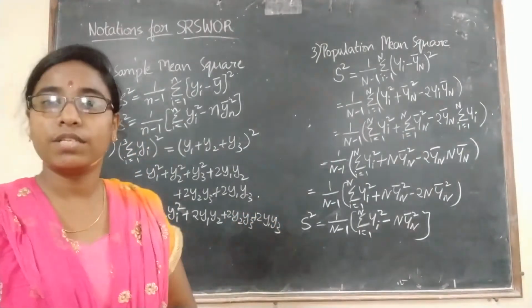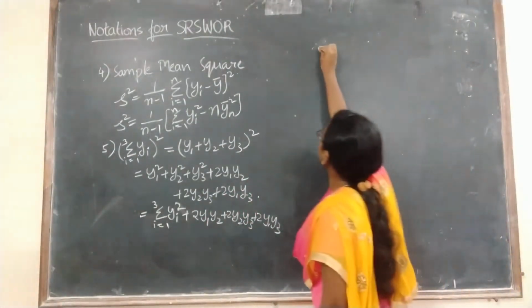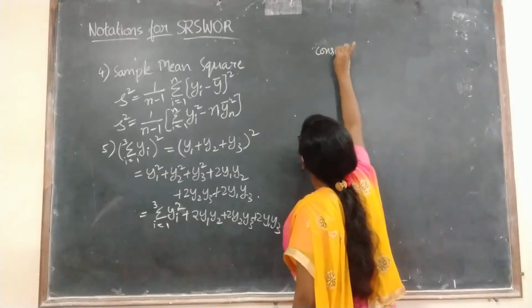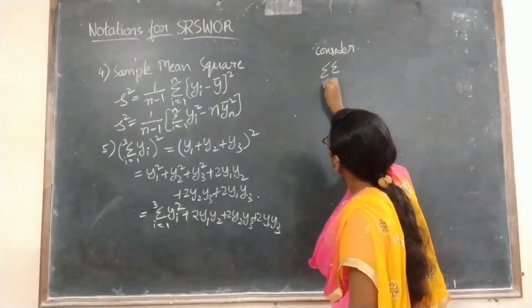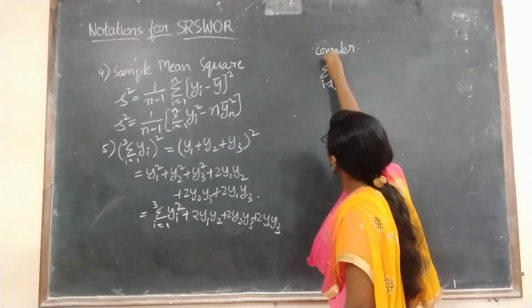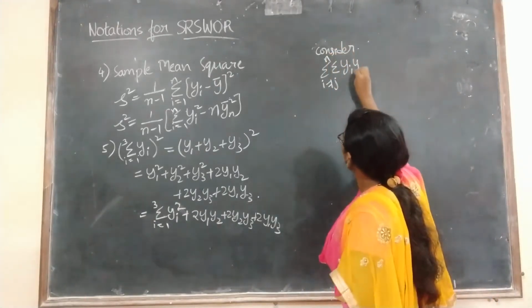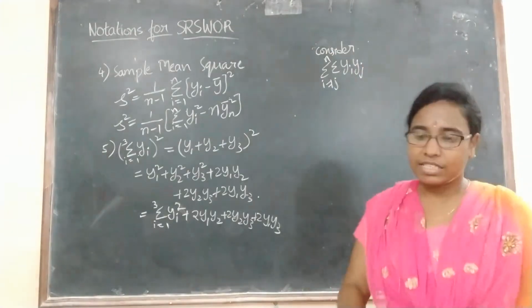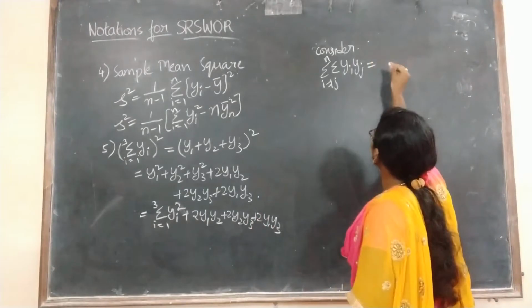Next is, we will do simplification. Now I am considering double summation i not equals to j till n yi yj. So I am considering this term where i is not equals to j. So how can you write this one?